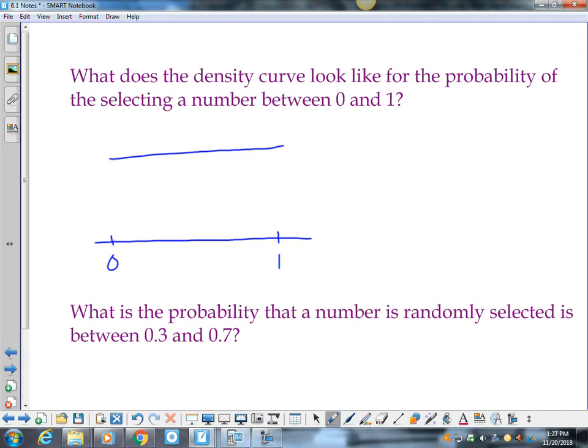Now, here's my question. What's that value right there? Use some math. Why?